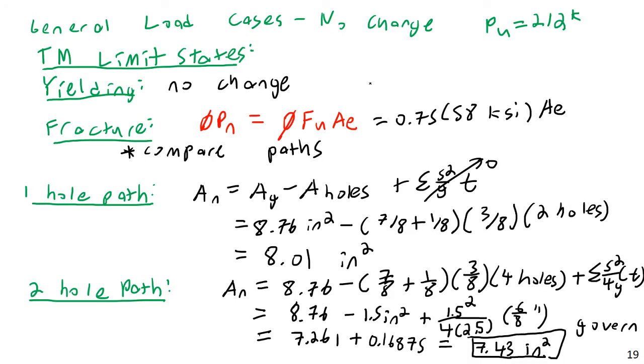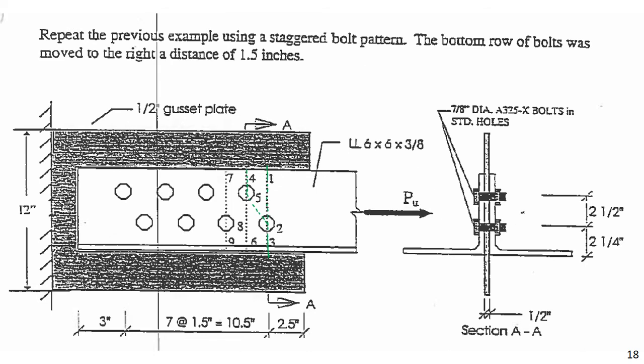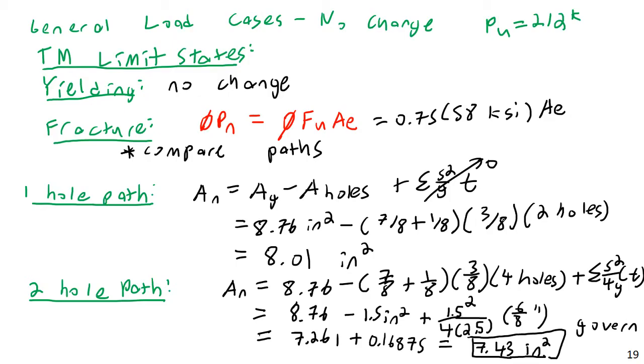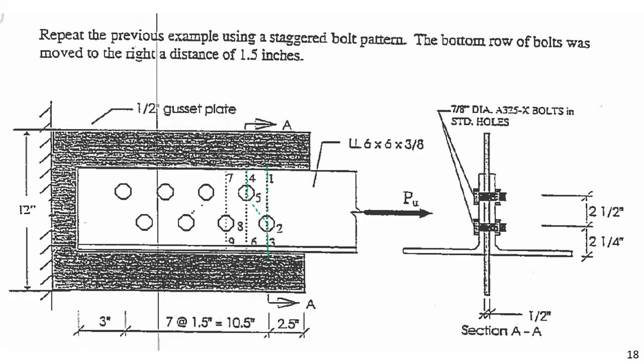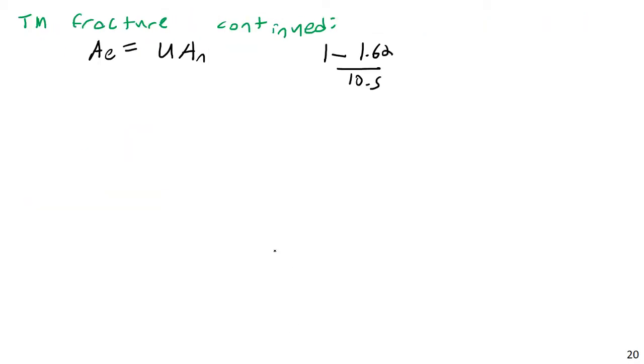Again, the x bar is the distance from the centroid of one of the angles to the connection plane. 1.62 in this case, and the length of the connection is going to be 10.5. It's from one end to the other, the first bolt to the last bolt, and that comes to a U equal to 0.85.